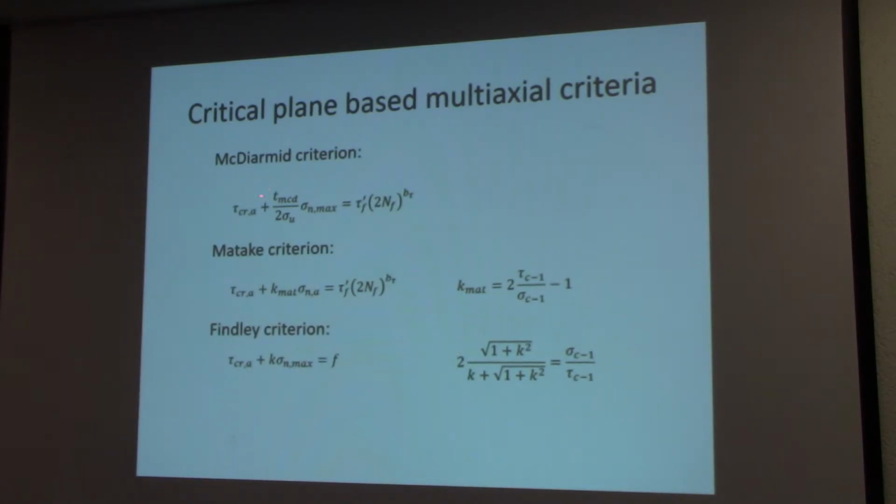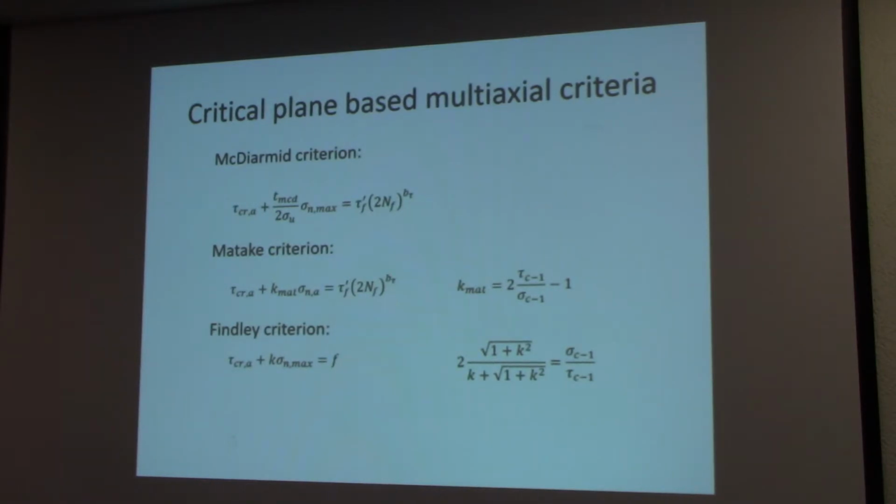But the interesting difference between them is that while McDiarmid and Matake criteria define the critical plane as the plane with maximal shear stress amplitude, the Findley criterion defines the critical plane as the plane with the maximal damage. Okay.